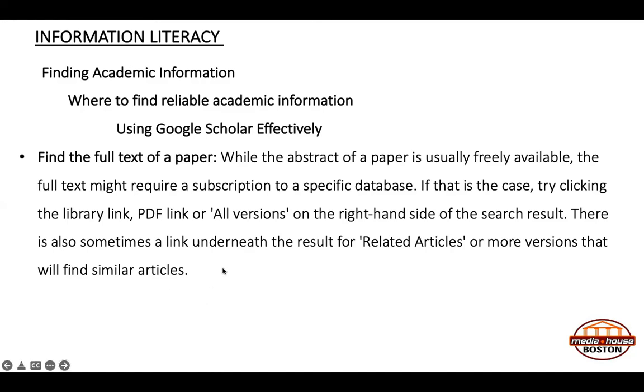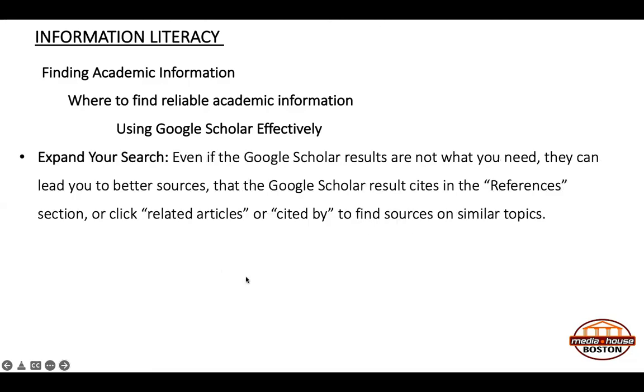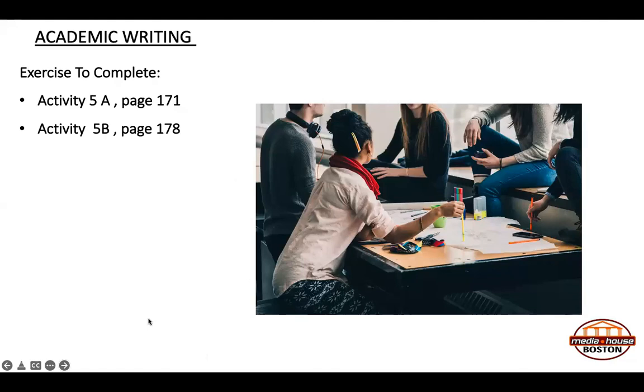So perhaps it could be more reliable, but I don't know what the criteria is for uploading and publishing on Google Scholar. So yes, as I've said, if the information we find on Google Scholar is not what we need, we can click on related articles or cited by and find sources on similar topics, etc. Questions, comments?